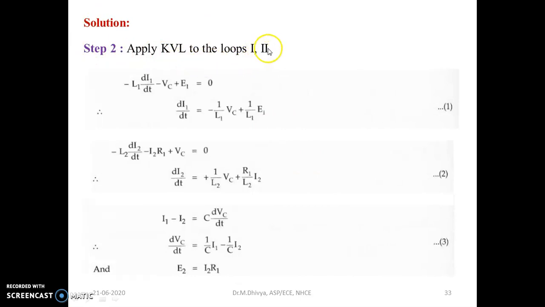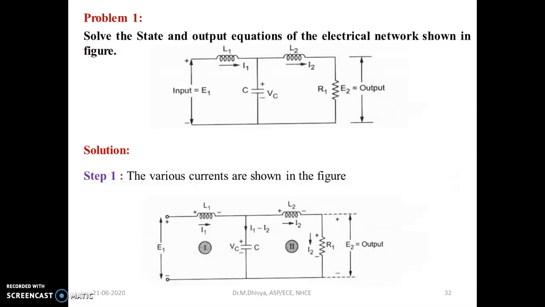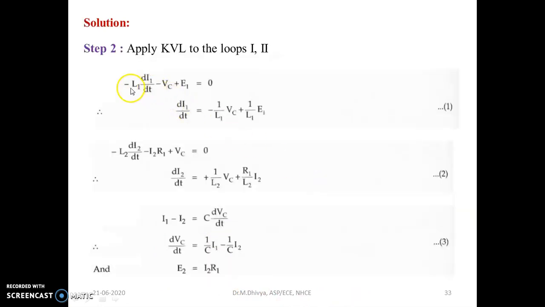Apply KVL to the loops 1 and 2. This is loop 1 and this is loop 2. We get minus L1 di1 divided by dt minus Vc plus E1 is equal to 0.